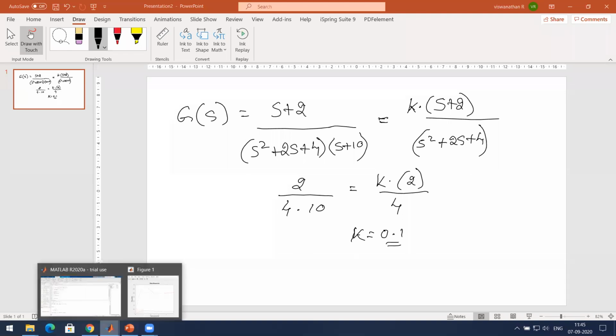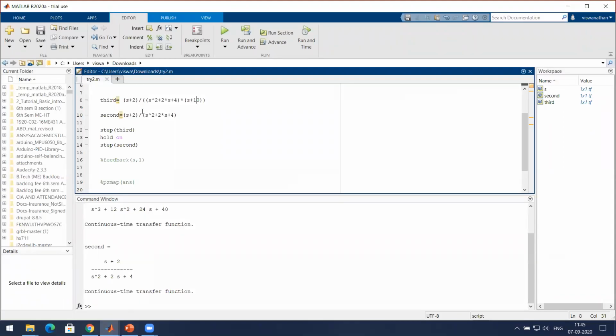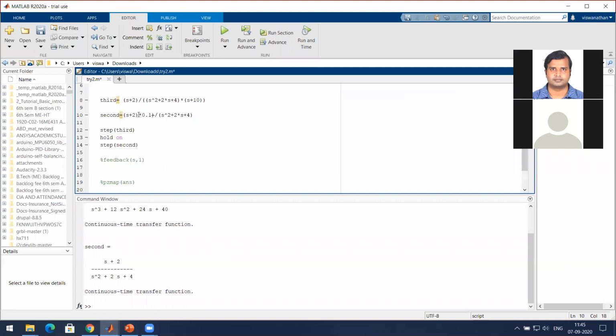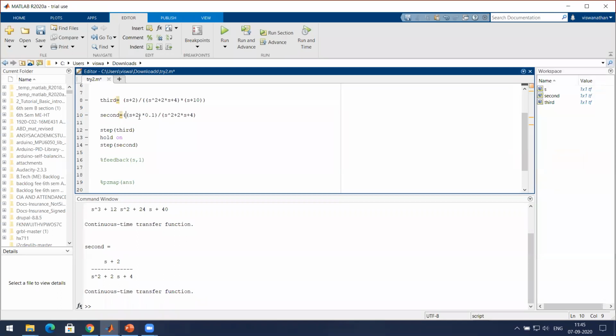I go back to MATLAB and put this k. Where should I put k? I should put k here in the numerator, right? 0.1. This is k into s plus 2 divided by s square plus 2s plus 4.